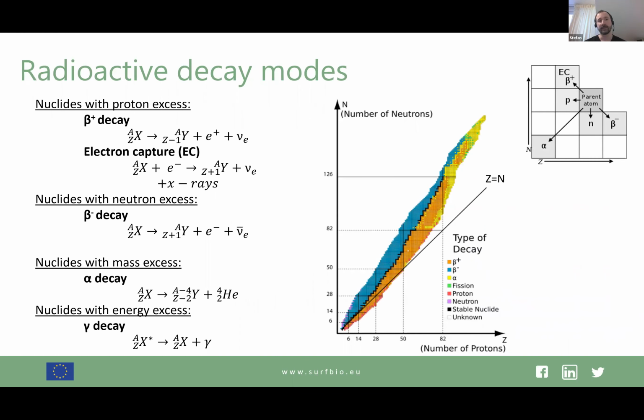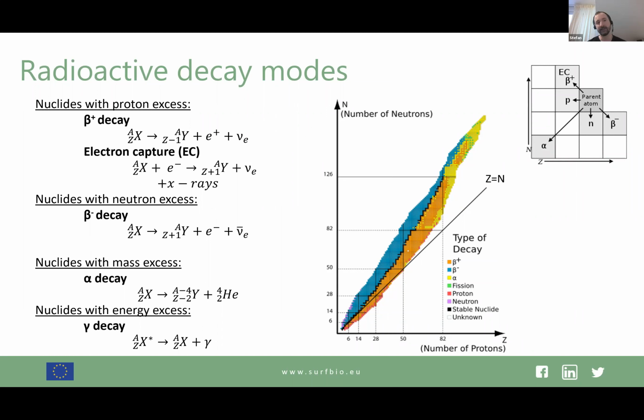The different radionuclides can have different decay modes. It gets a bit more complicated than what I show here, but I want to focus on those that are relevant for the radio tracing applications.